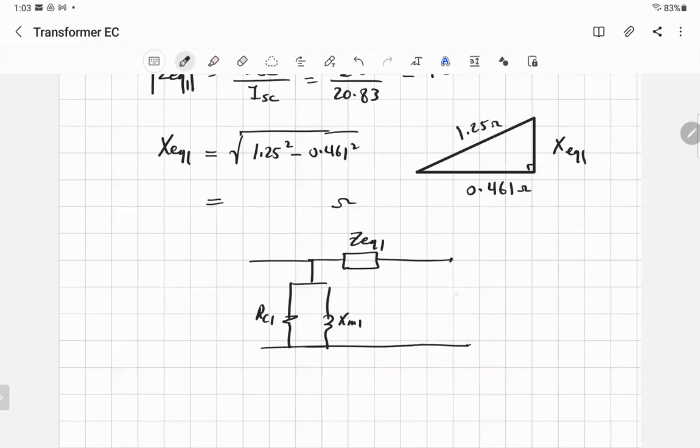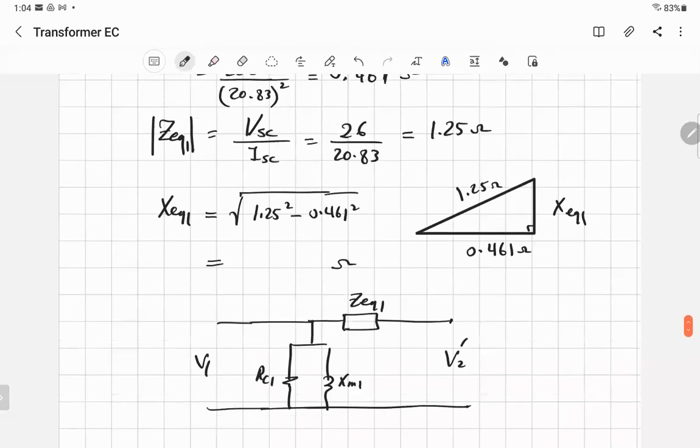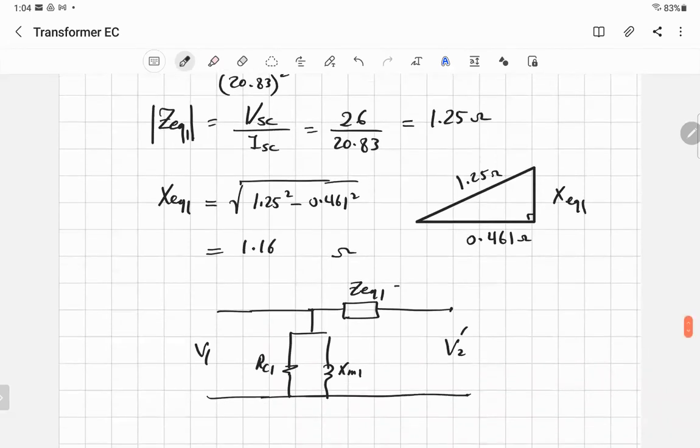The side is not VT now, it's V2 dash, everything referred to side 1, and here you have V1. If you found X equivalent, please give me the number. 1.16. Thank you. So now Z equivalent 1 is equal to 0.46 plus j1.16.